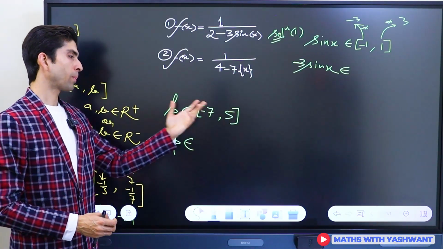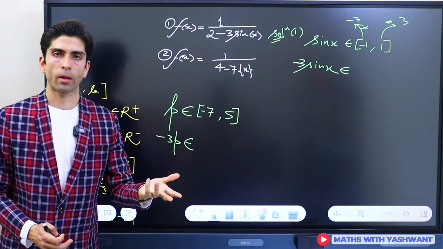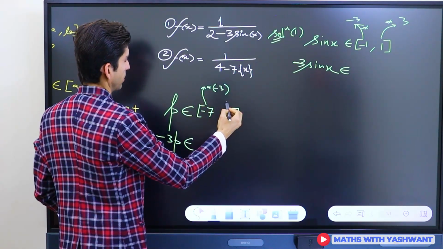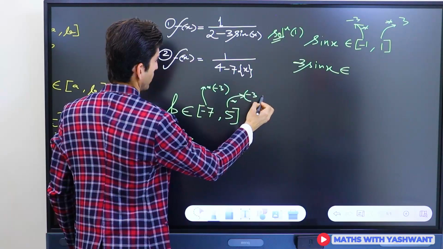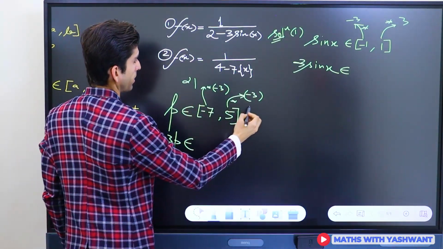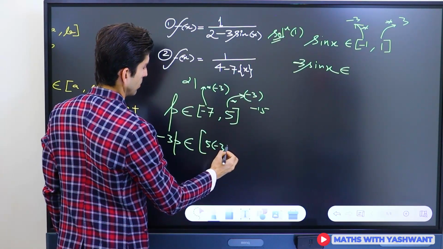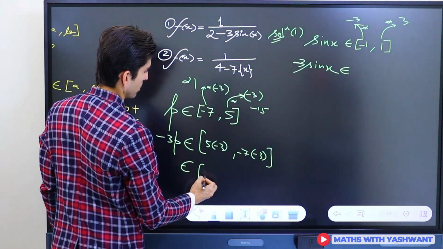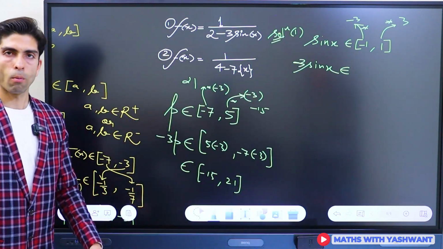So after multiplication, the greatest value will become the least value and the least value will become the greatest value. So -3 times -7 will be 21 and -3 times 5 will be -15. So we reverse, and it's -15 to +21. Hope you understand.